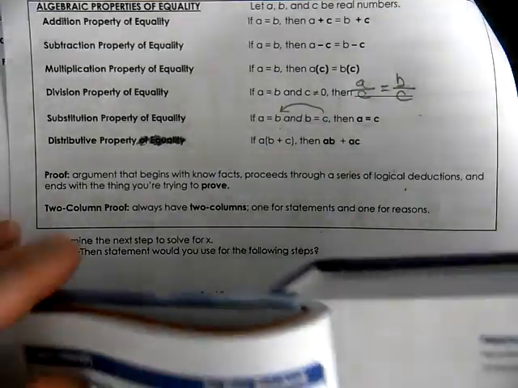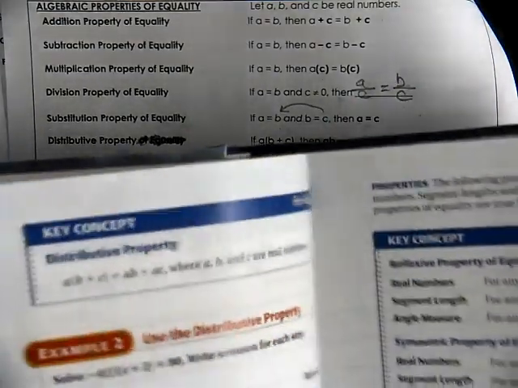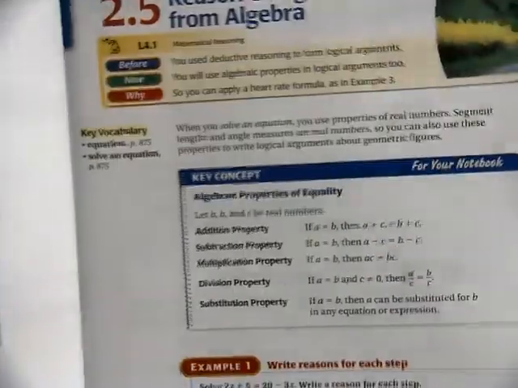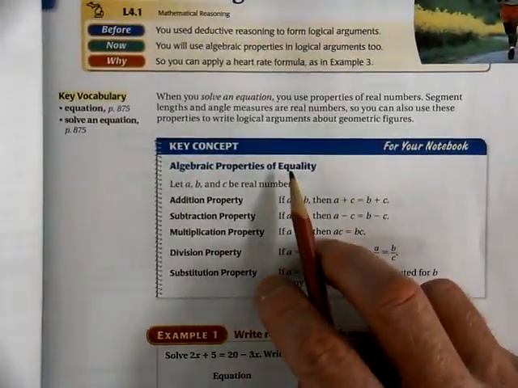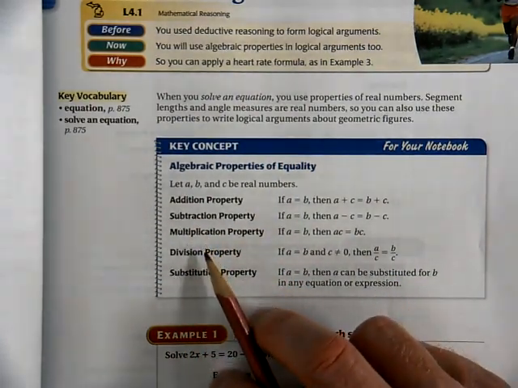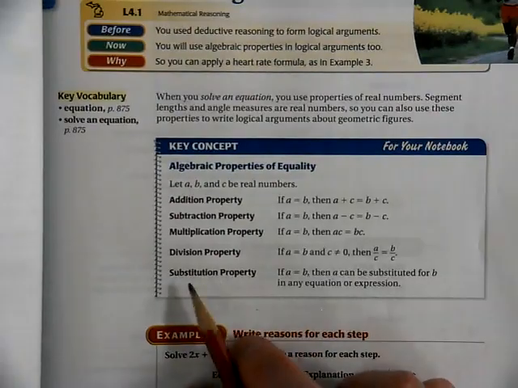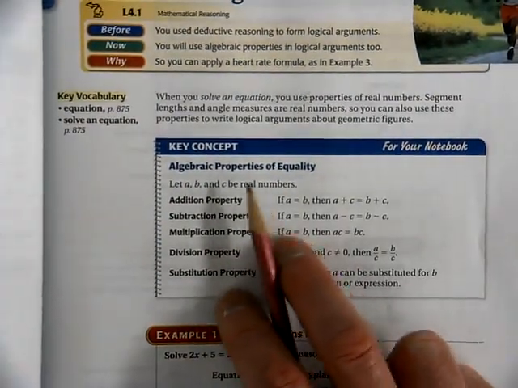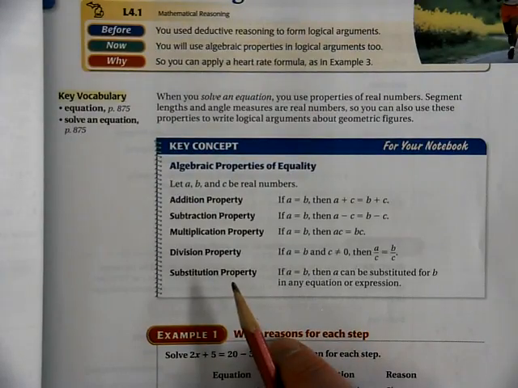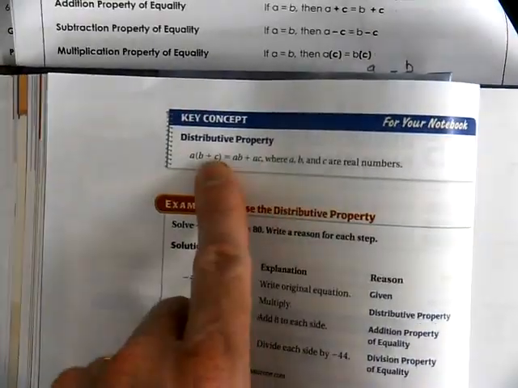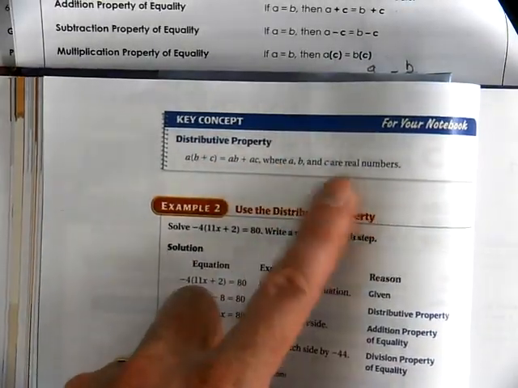If we look in the textbook, you'll see examples of properties of equality: addition property of equality, subtraction, multiplication, division property of equality, and they even consider substitution property to be part of equality. I question that one also.